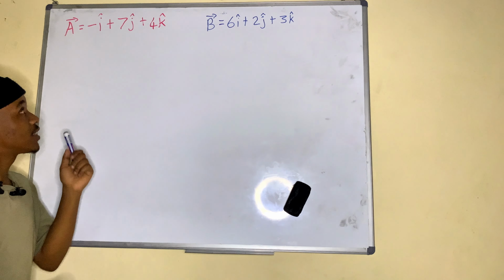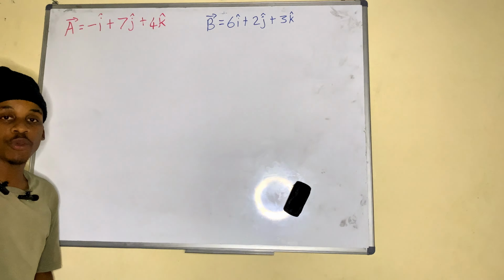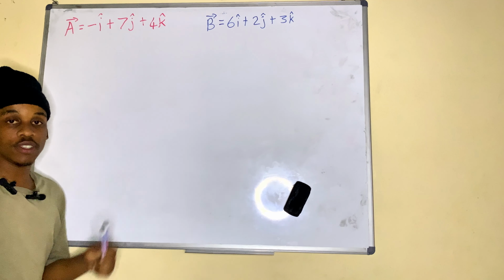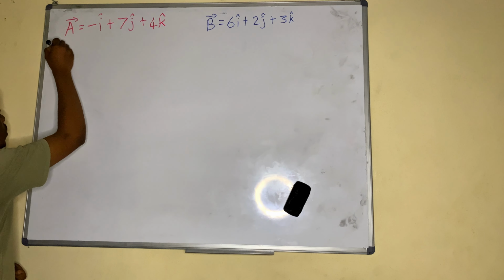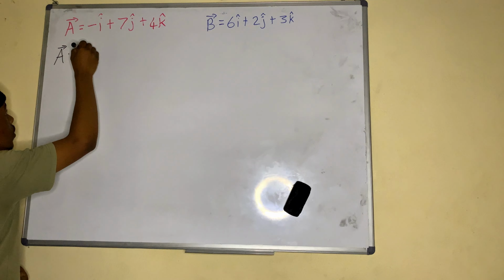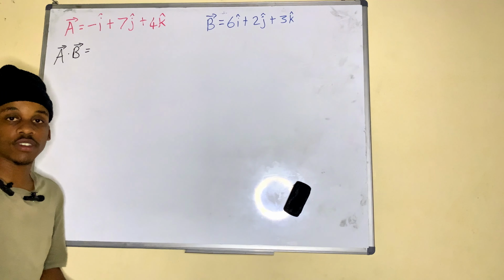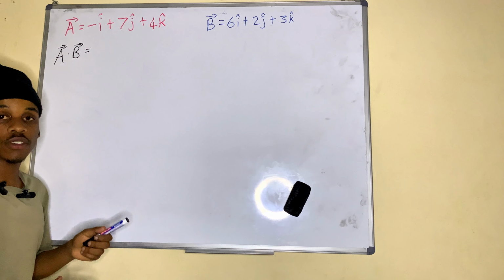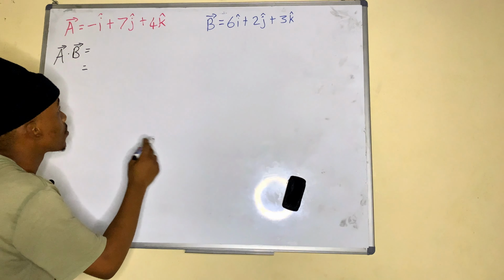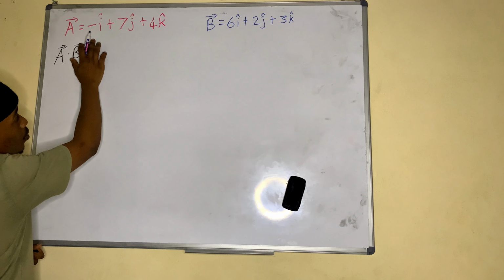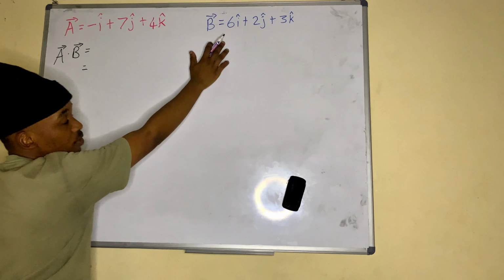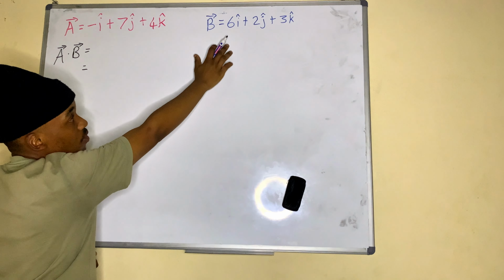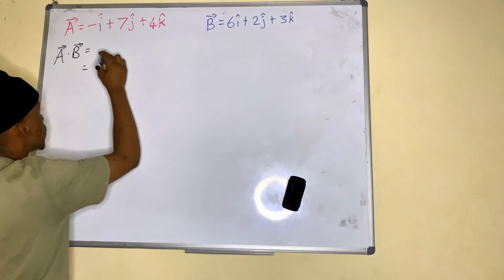Suppose we have two vectors, vector A and vector B, and we want to find the dot product of these vectors. As mentioned before, we will multiply the corresponding components of each vector. We start by multiplying the first component of vector A with the first component of vector B in the x direction.